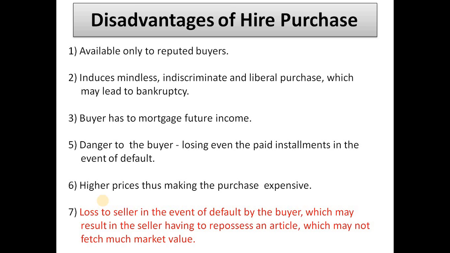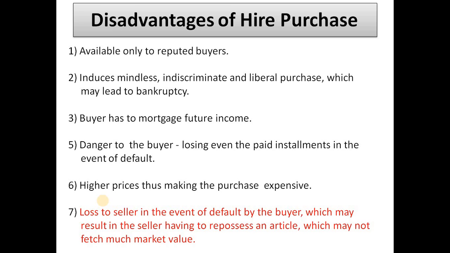The last point is loss to the seller in the event of default by the buyer, which may result in the seller having to repossess an article which may not fetch much market value. This last point is from the viewpoint of the hire seller. Suppose default is committed by the buyer, then the hire seller is required to repossess the article. He will go and take back the article, or the asset that he has sold to the hire buyer.